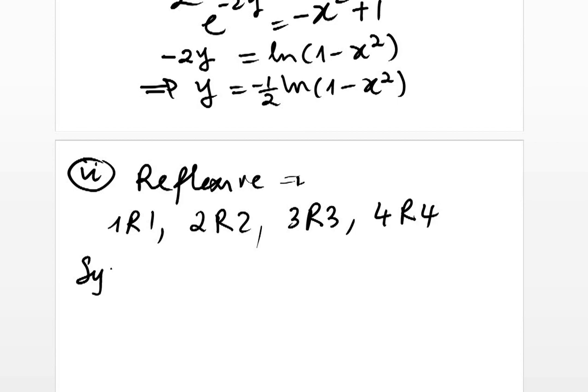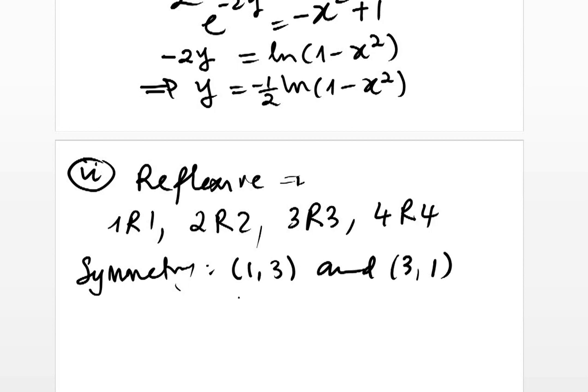We need to look at the symmetric property. When you look at that relation, you will see that we have (1,3) and (3,1). That is 1 relates 3, and at the same time 3 relates 1.